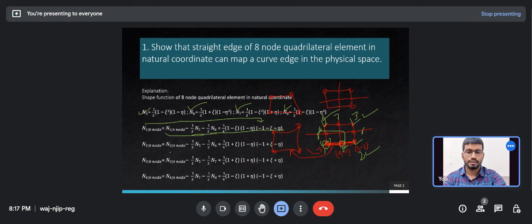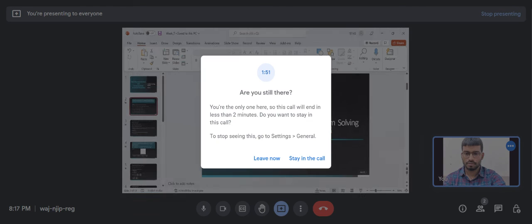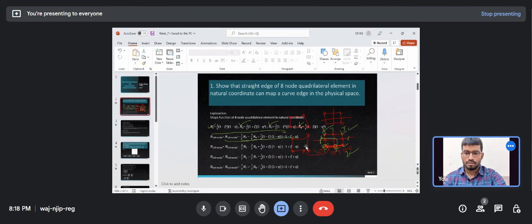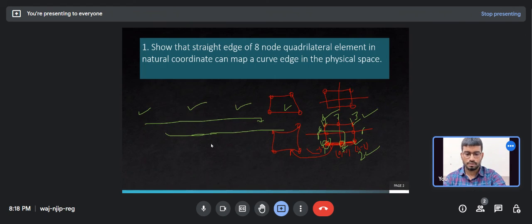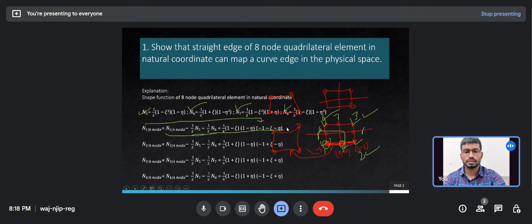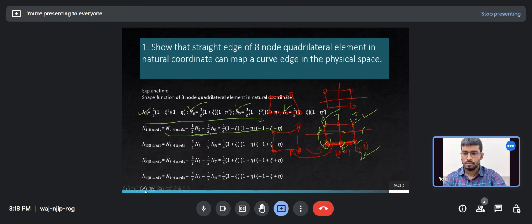And once we have determined the shape functions, we know that in the isoparametric mapping, the same shape functions, or the same number of nodes, is required to map the geometry and the displacement field, right?